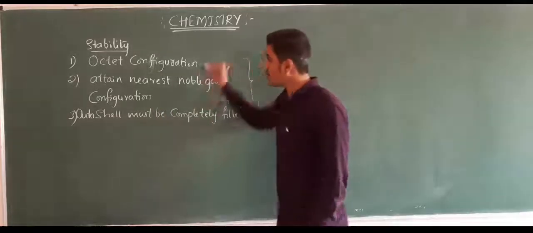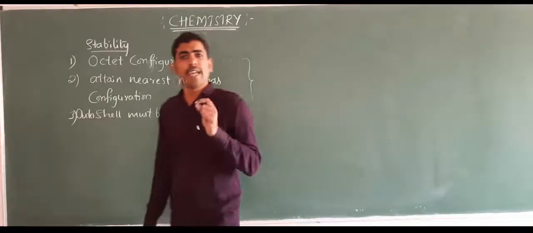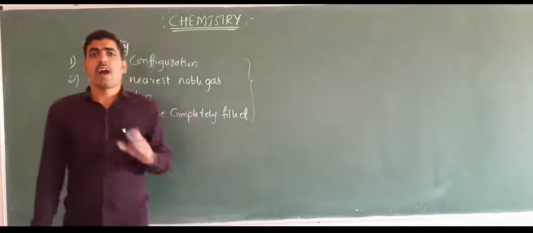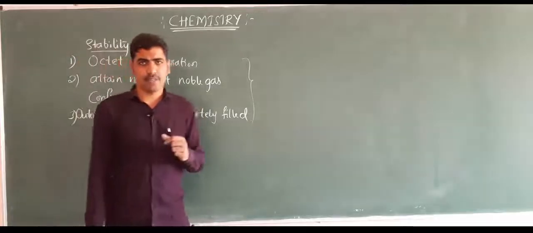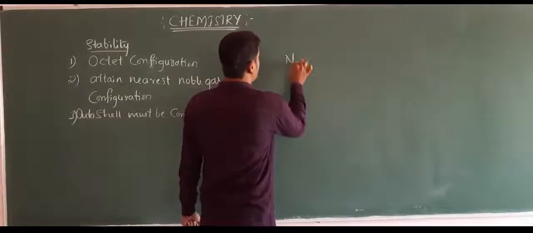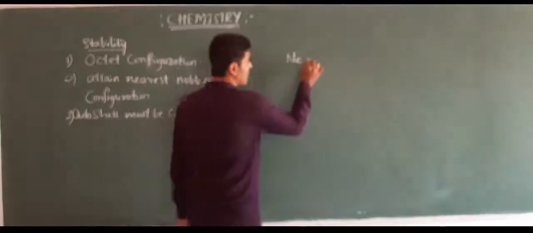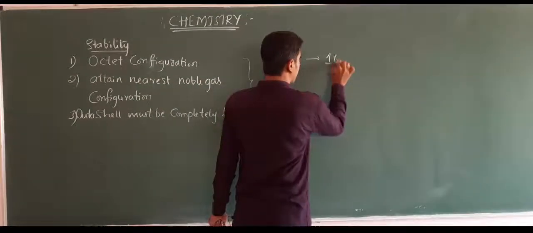Here, octet configuration means there should be the presence of 8 electrons in the outermost shell. See here, if I consider the neon atom, what is the atomic number of neon? 10.